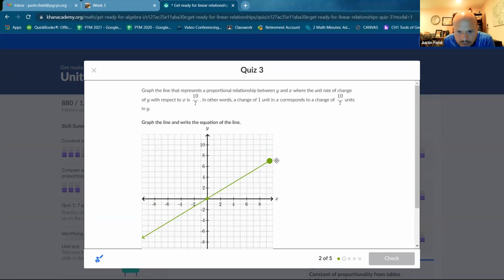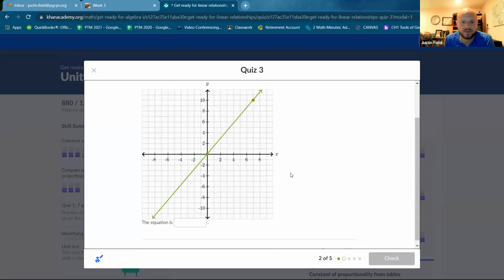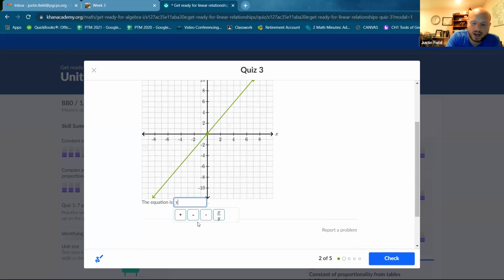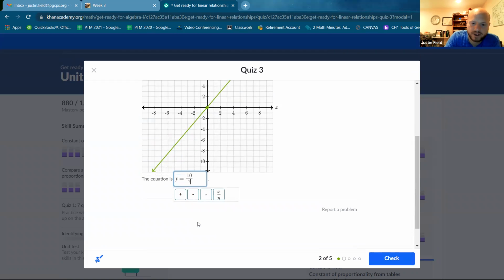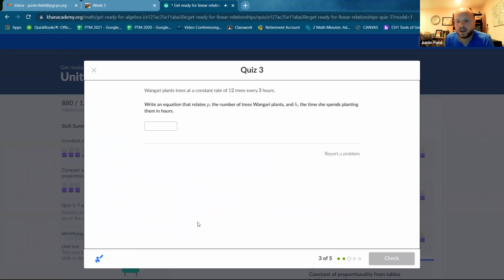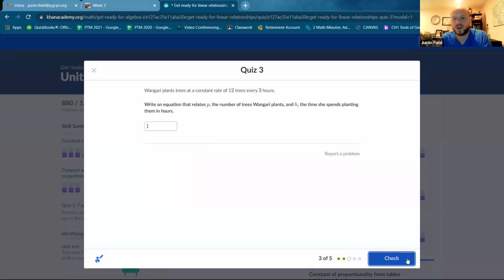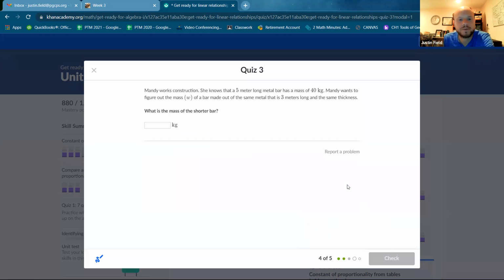So would it be right there? 10/7. y over x. y is 10. x is 7. Okay, there we go. And the equation is y equals 10/7x. Wangari plants trees at a constant rate of 12 for every 3. Write an equation. I think that, skipping it.